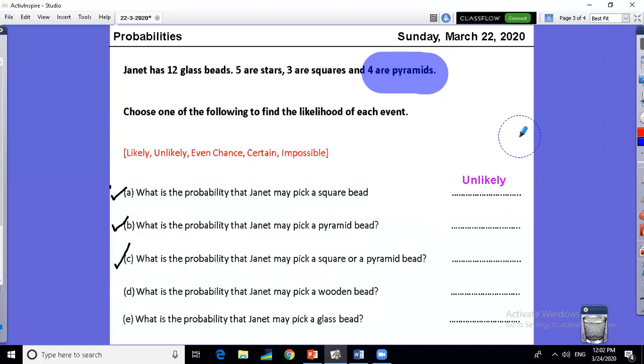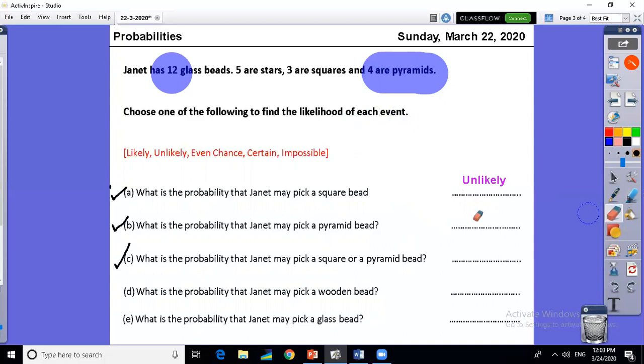All of them are just 12. So it's 4 out of 12. Well, still less than the half. The half exactly of 12 is 6. 6 over 12. 4 over 12 is less than the half. So it is also going to be unlikely.